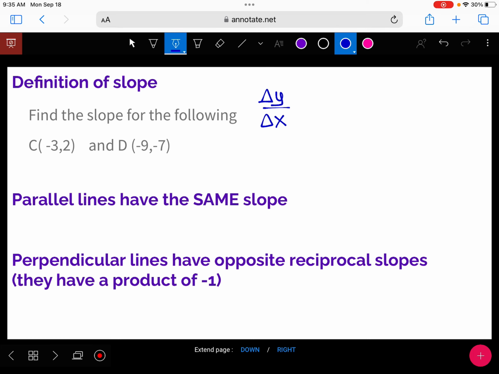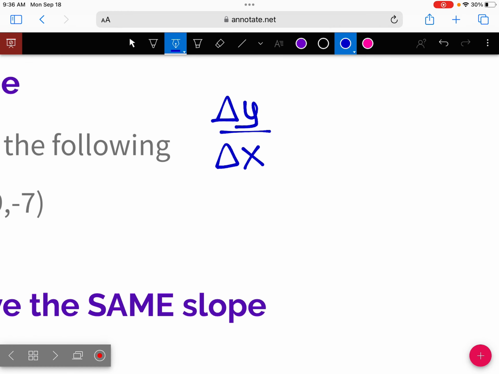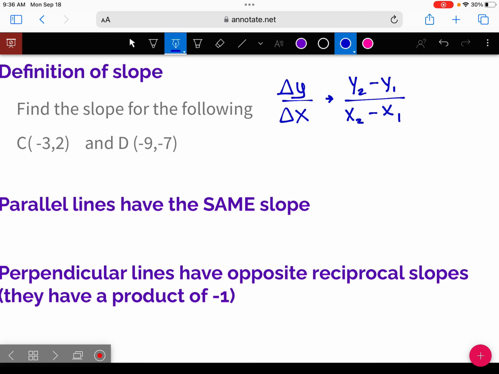Those of you that did physics have seen it that way before. Or we take y2 minus y1 over x2 minus x1. That's the more algebraic way we write it, and this is how we find our slope when we're given 2 points.